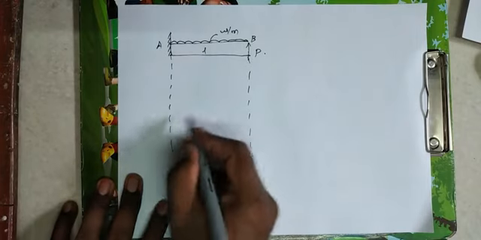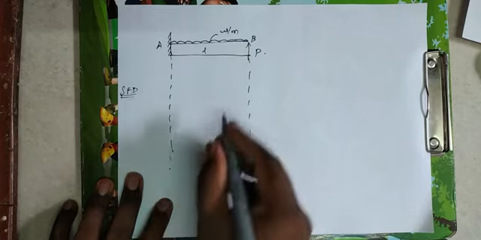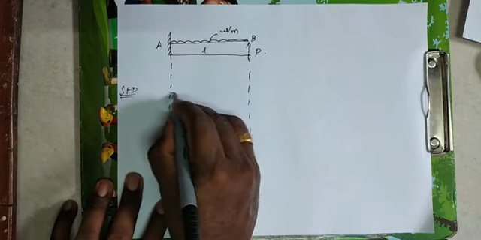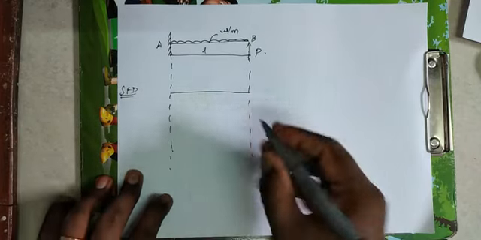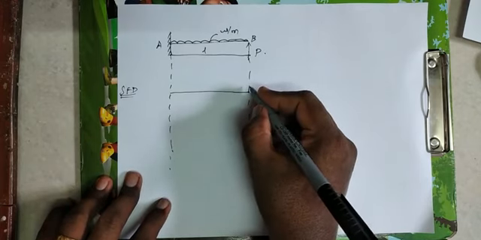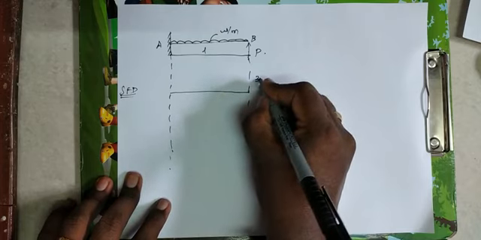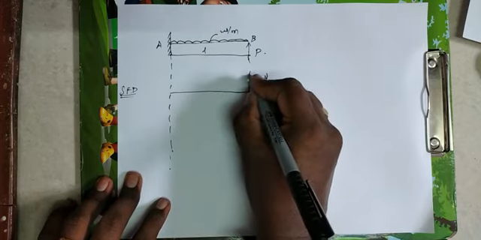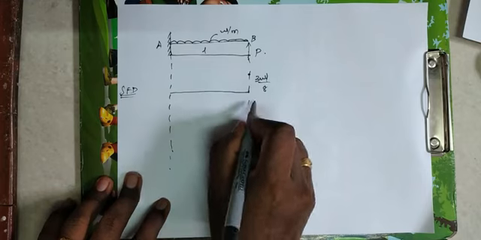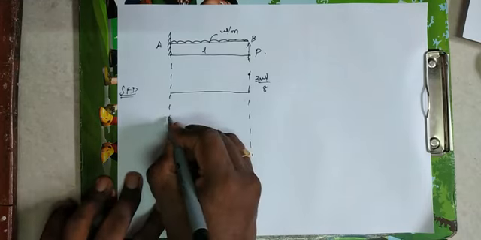Then we are going to draw the shear force diagram first. Draw a horizontal reference line. Mark the value of shear force at B. We have already found out that shear force at B is 3WL by 8 and shear force at A is minus 5WL by 8.